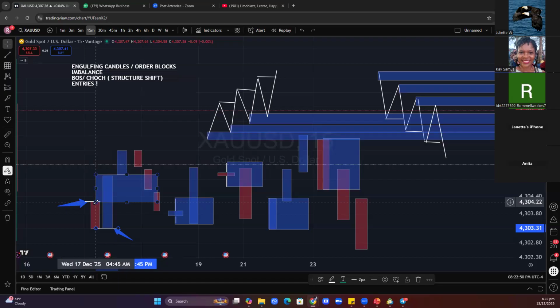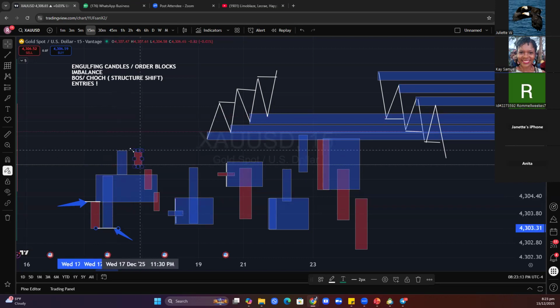Perfect. My sell position is in a negative. So why am I going to take a loss when I'm controlling the markets? I'm running things. Why am I going to take a loss? So here's what I do.